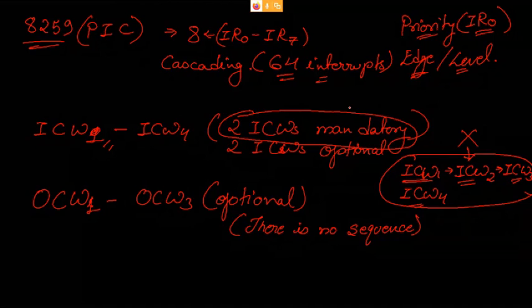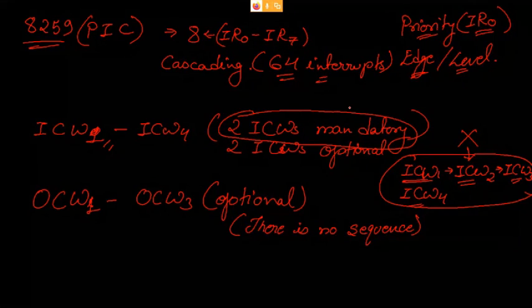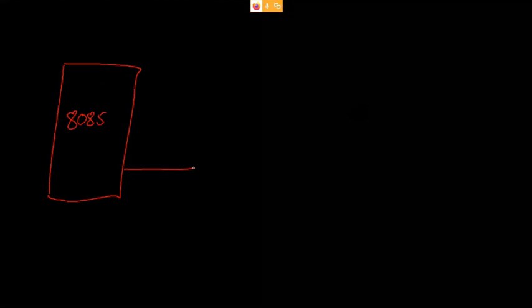When we say master and slave, it will be like this. You have your 8085. 8085 is connected with 8259 through pin INTR.